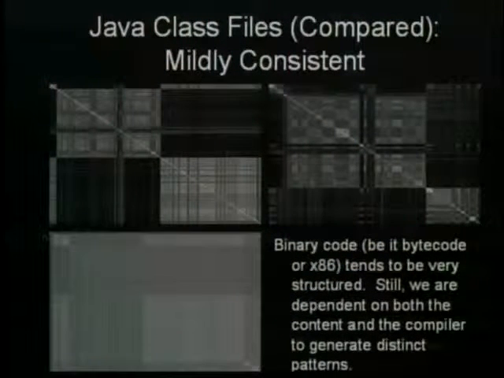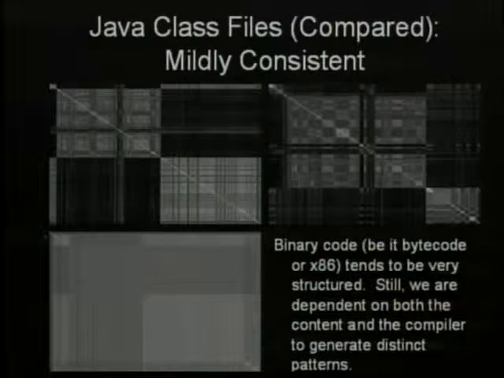Java class files. Now these aren't as consistent. Binary code tends to be the most complex thing that you'll analyze. That still has a visible, very deep structure to it. The interesting thing is, you are very dependent not just on the compiler.